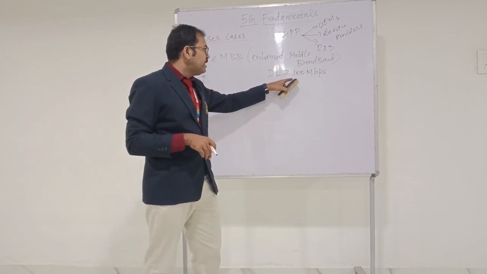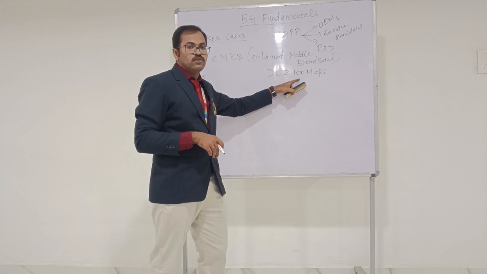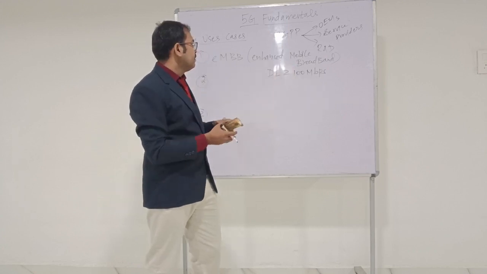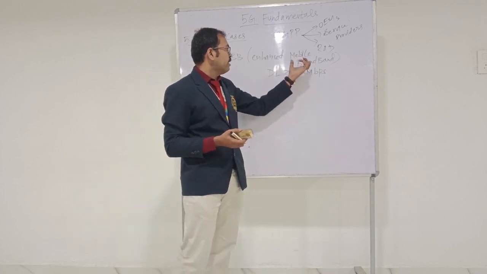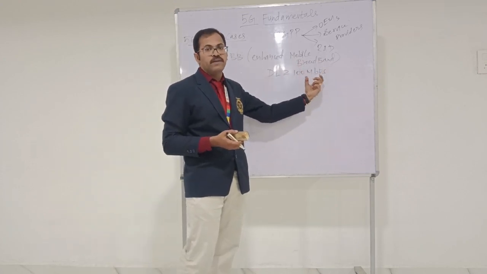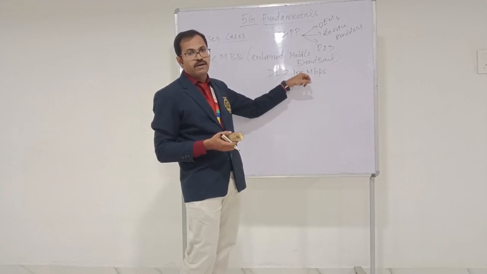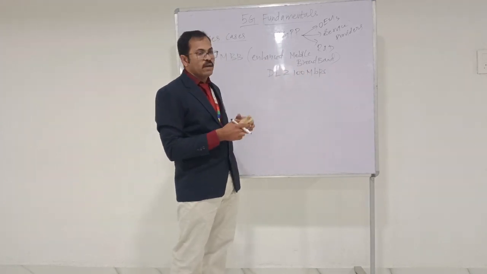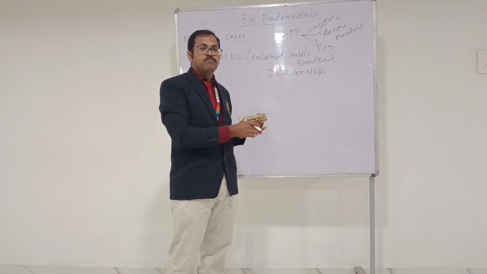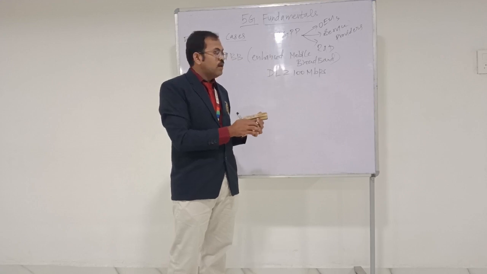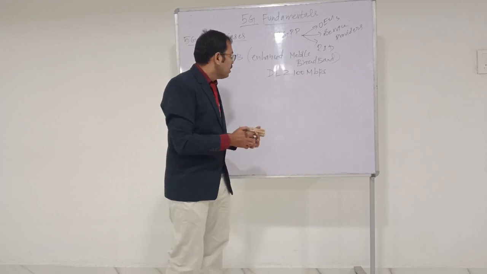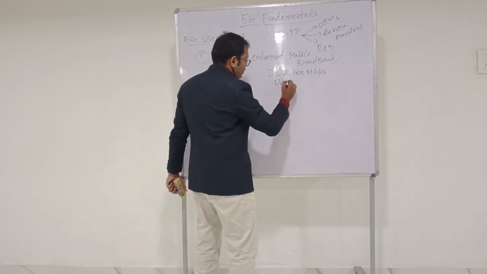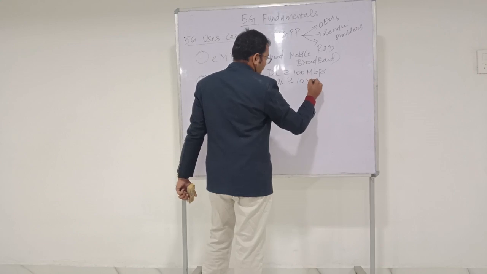That is the prime expectation out of 5G: the data rate should match what users get in broadband. That is why it is called mobile broadband. Why the term enhanced? Previously, people got around 10 Mbps downlink in 4G, and here the idea is to push it to 100 Mbps. The uplink is expected to be around 10 Mbps.